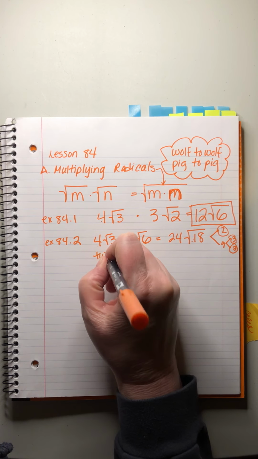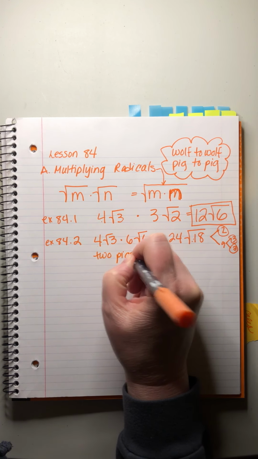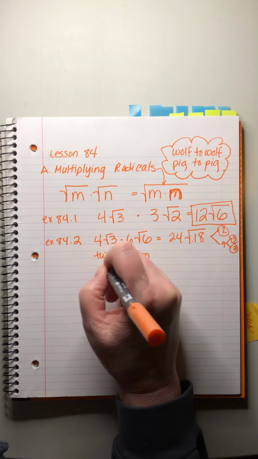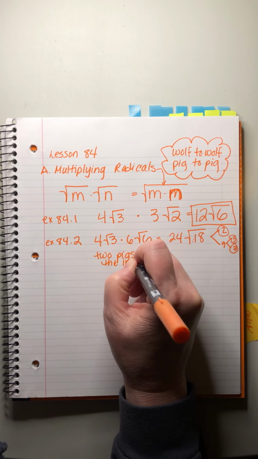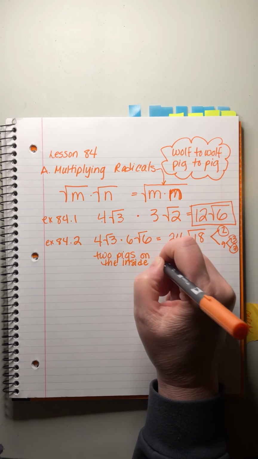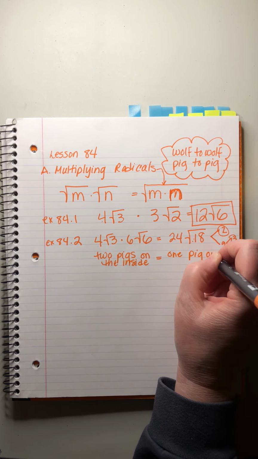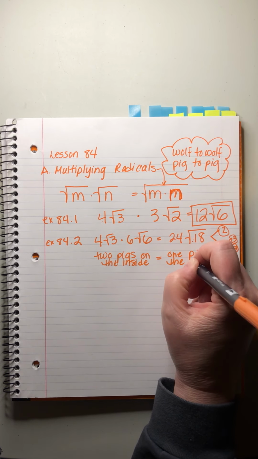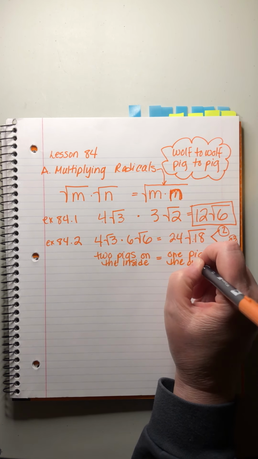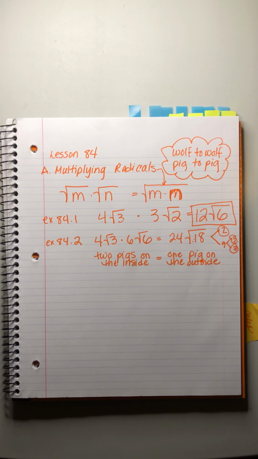So, 2 pigs on the inside equals 1 pig on the outside. Now, I'm not sure how that relates to the story. And every metaphor breaks down sooner or later.